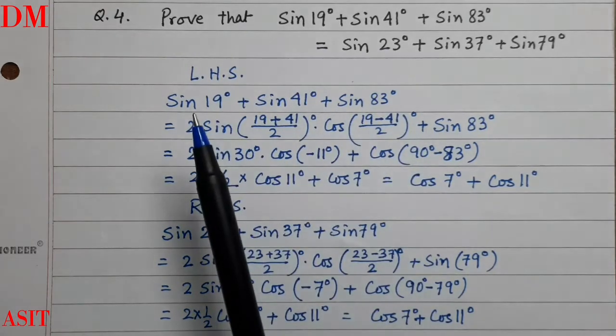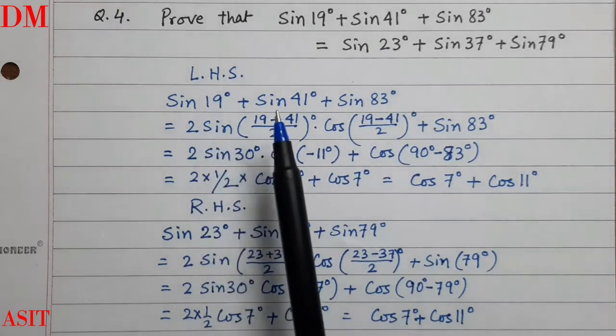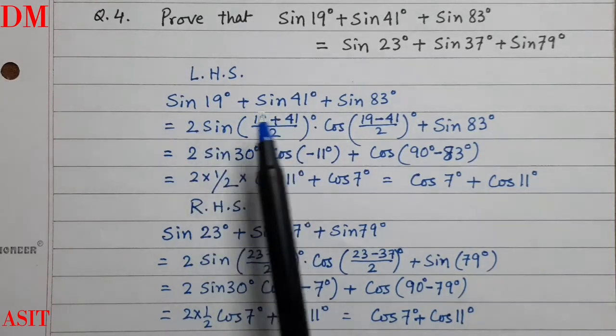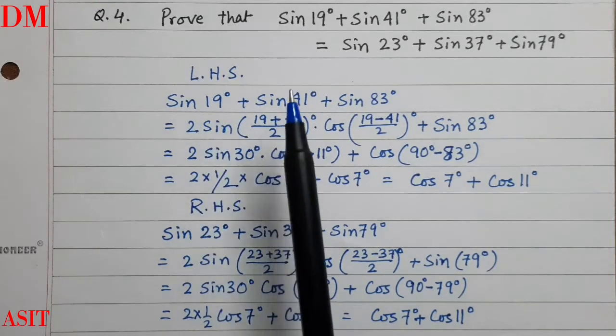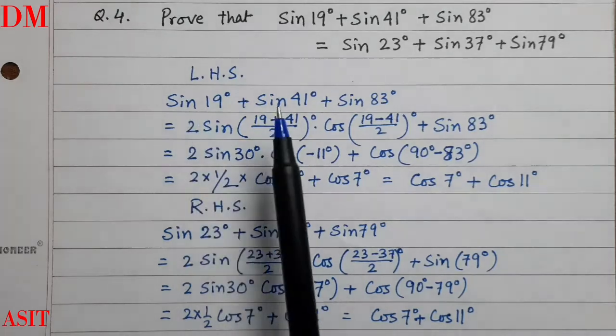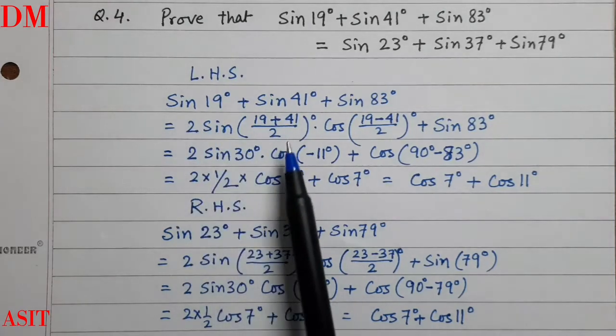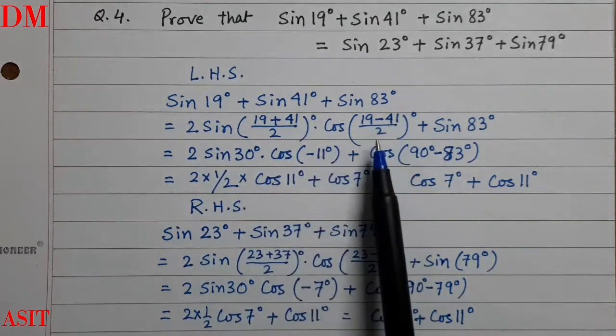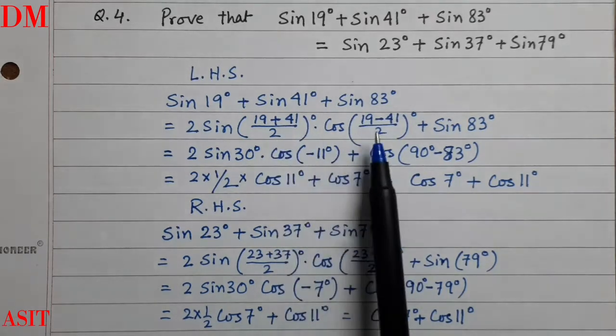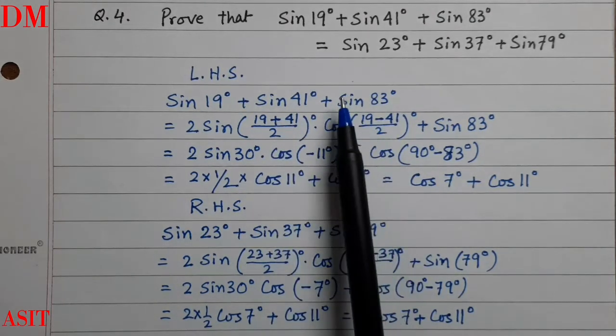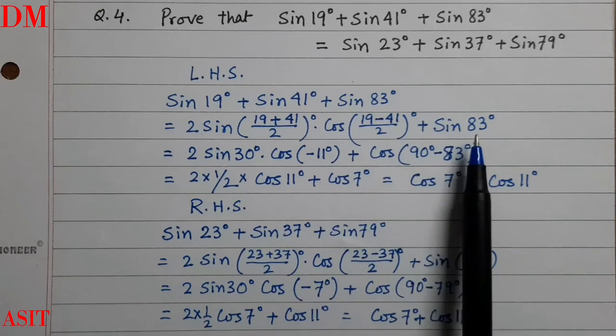We can use the formula of sine a plus sine b with these two terms. We know the formula of sine a plus sine b is 2 sine a plus b by 2 into cos a minus b by 2. So I have used the formula here, and sine 83 degree is as it is.